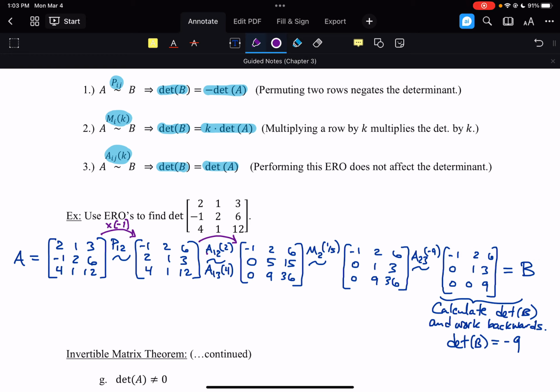Here, from this matrix to this one, we did 2 addition EROs, which results in no change. Here we did a multiplication ERO, so that's going to get multiplied by 1/5. Here we did an addition ERO, so again, no change.